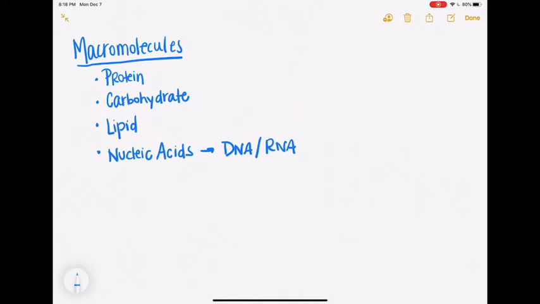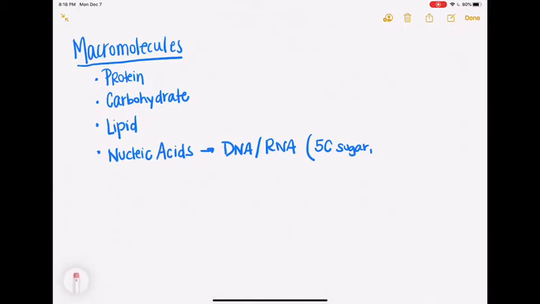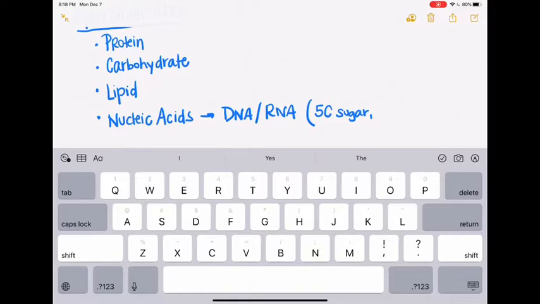deoxyribonucleic acid. These have three parts. They're made up of nucleotides, and the three parts of a nucleotide are a 5-carbon sugar, a phosphate group. I should write that out. Phosphate group. In chemistry and AP Biology, they know the abbreviation, but you all probably don't yet, so that's okay.